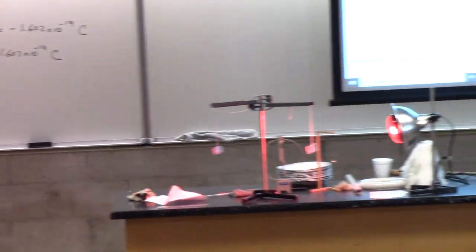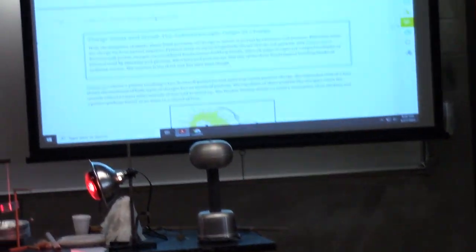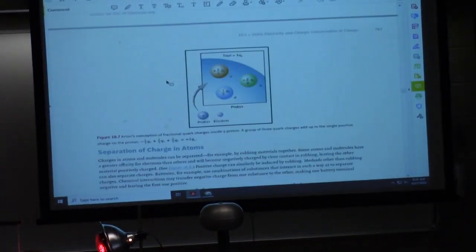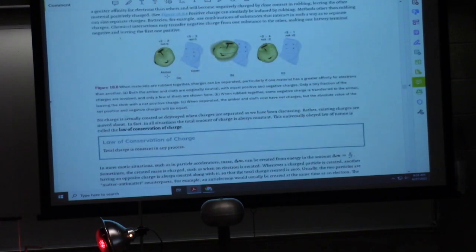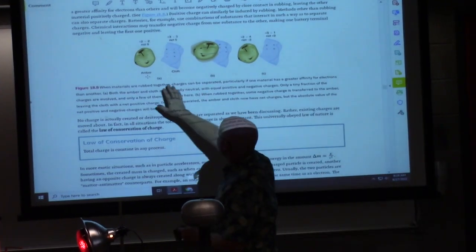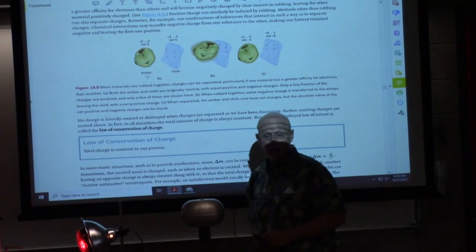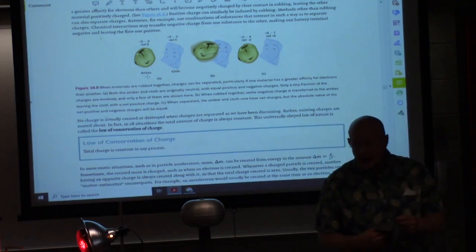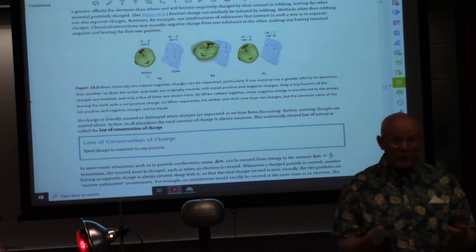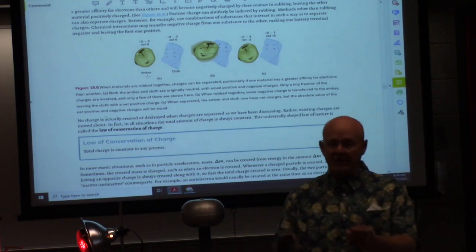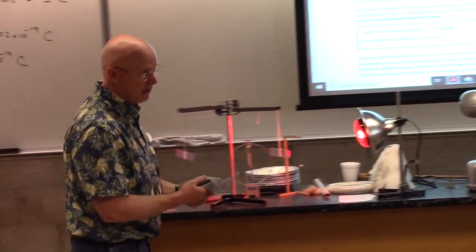Now, your book shows you the same kind of experiments here in figure 8 here, where they use amber. And so the early scientists realized that amber seemed to do this really well, and for their material that made sense, but vinyl does it a lot better, so I'm going to use vinyl here with the more modern material.